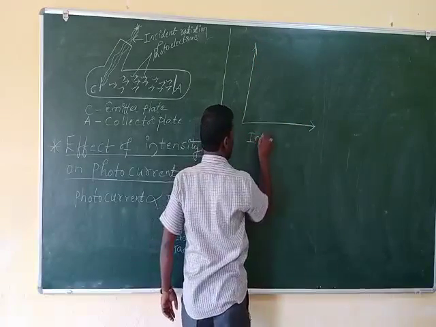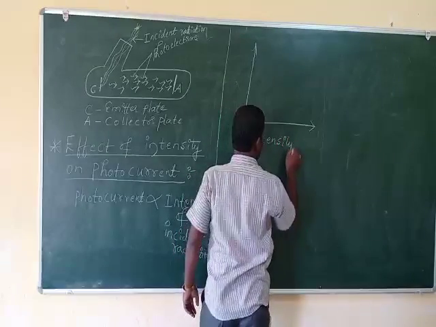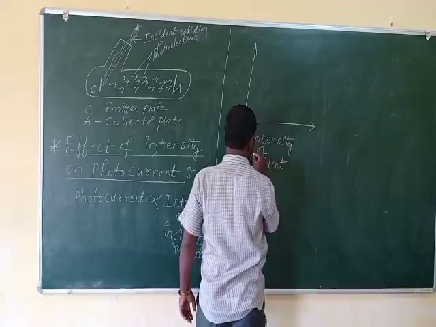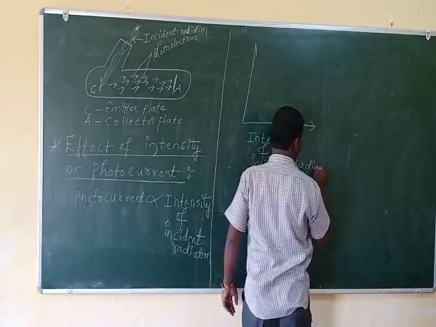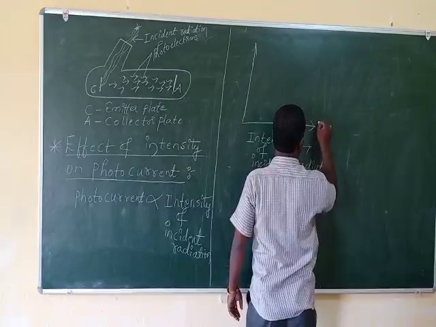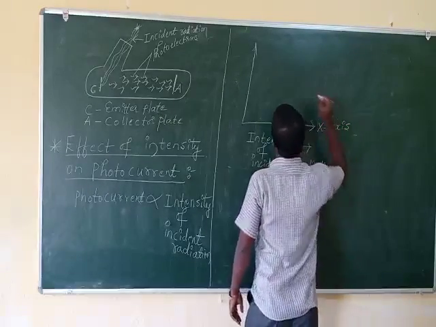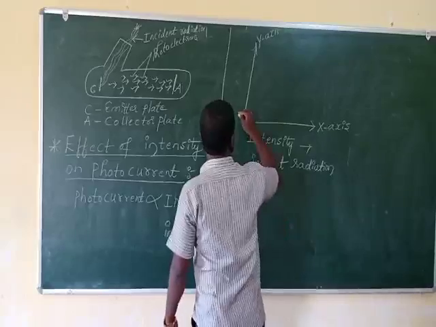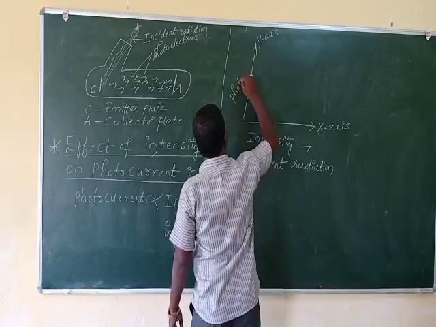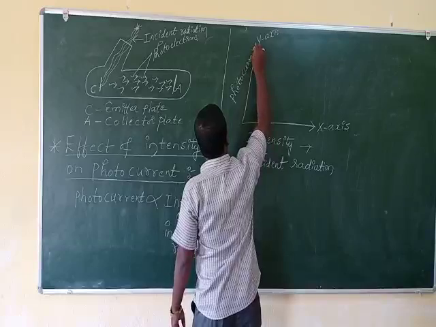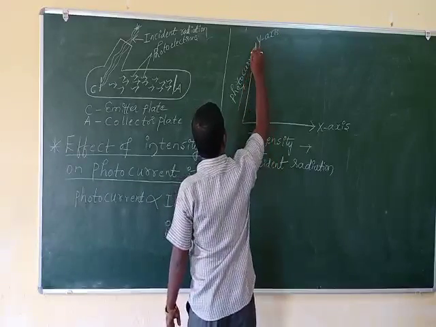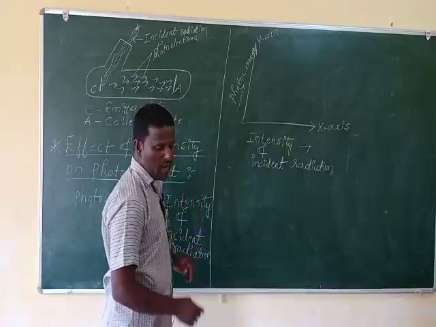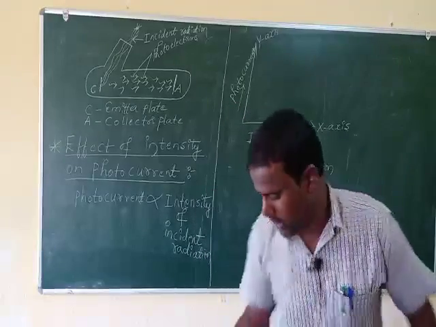Here the intensity of light, the intensity of incident radiation, is taken along the x-axis, and photocurrent is taken along the y-axis.